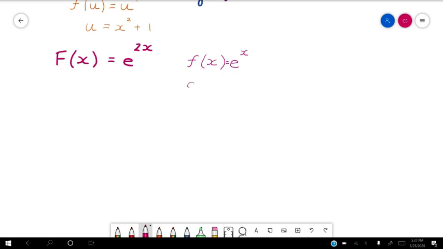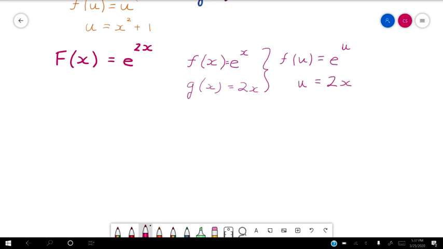And then the inside function, g, is what's in that exponent, 2x. Alternatively, we could also write f of x in terms of u. So now we're looking at e to the u, where that exponent u is a function of x. u of x is equal to 2x. So you can write it like that too.